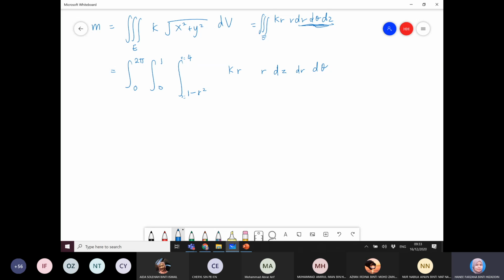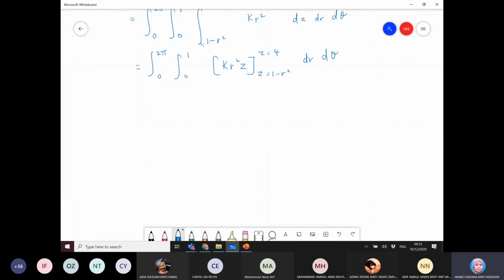Now we just need to do the integration. k r times r is just k r squared. So we integrate from 0 to 2 pi and 0 to 1. Integrating k r squared with respect to z, you will get k r squared z, from z equals 1 minus r squared until z equals 4, dr d theta.